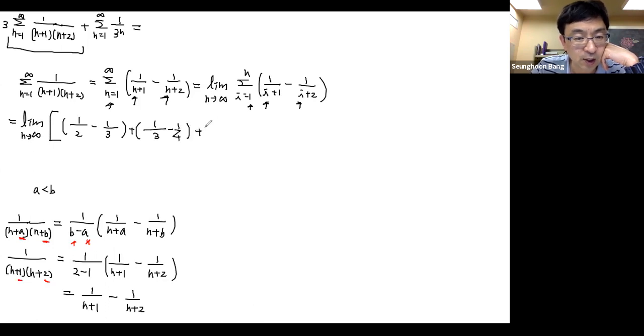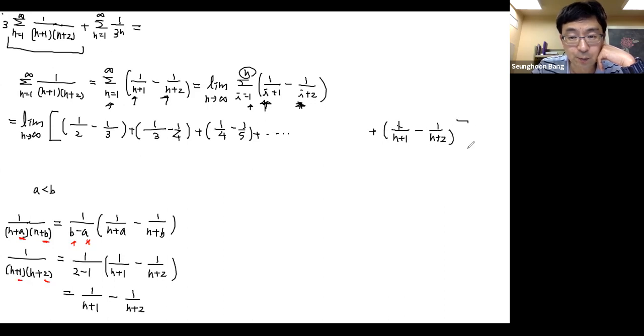Keep going: 1 over 4 minus 1 over 5, and so on. What is the last term? The last term is to plug n in: 1 over (n plus 1) minus 1 over (n plus 2).